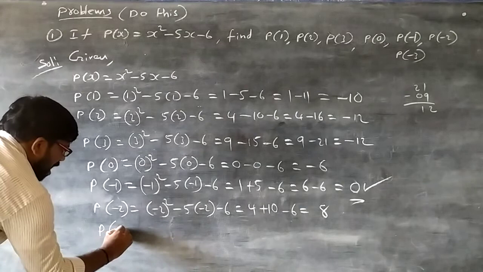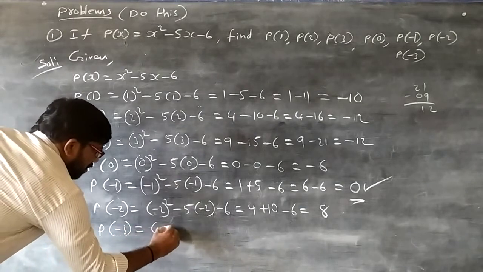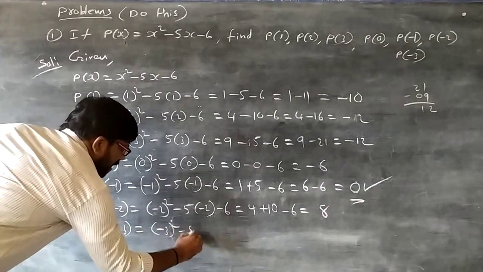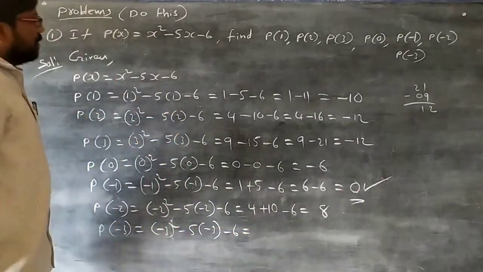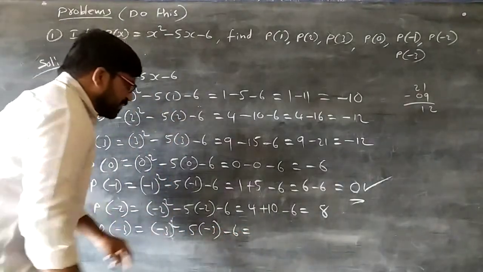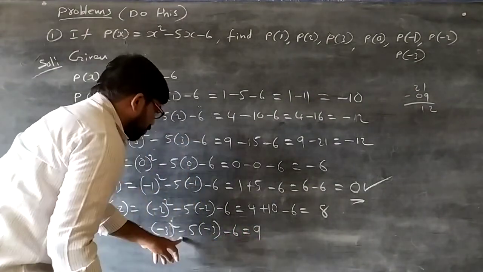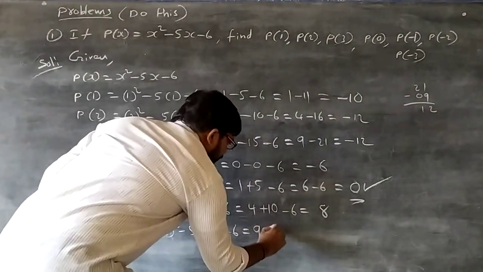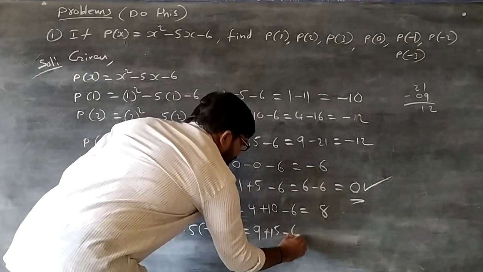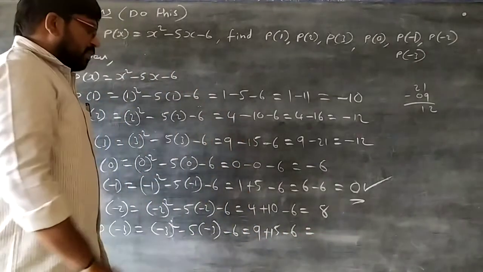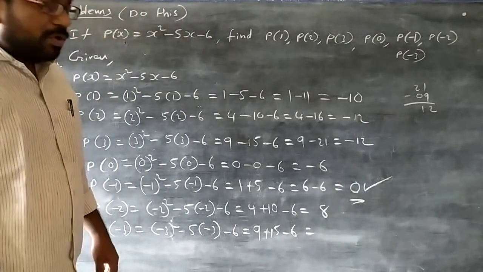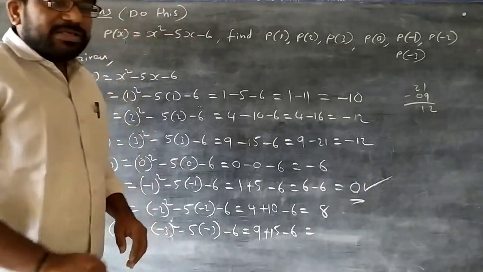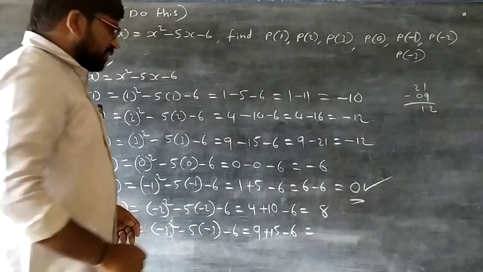Then p of minus 3 is equal to minus 3 square minus 5 into minus 3 minus 6. Minus 3 square, 9, minus into minus is plus, 5 threes are 15, minus 6. That is equal to 15 plus 9, 24. 24 minus 6 is 18.